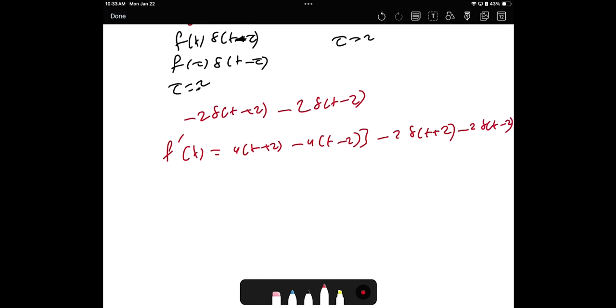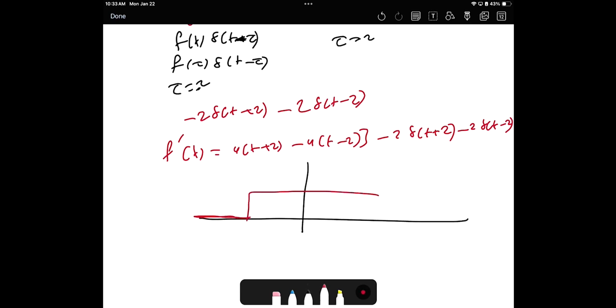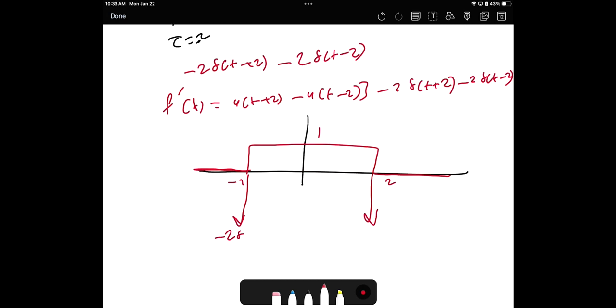So if we need to plot this, since it's u of t here, here is negative 2, here is 2, here is 1, and what will happen, you will see delta here, this is negative 2 delta t plus 2, and this is negative 2 delta t minus 2.